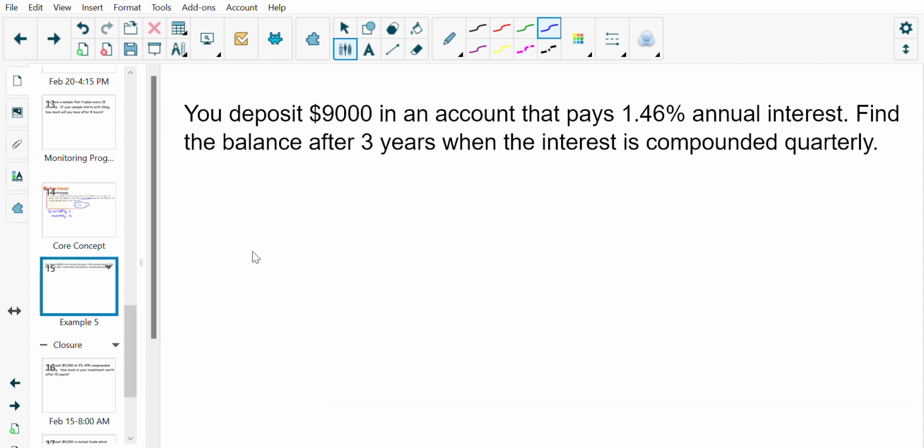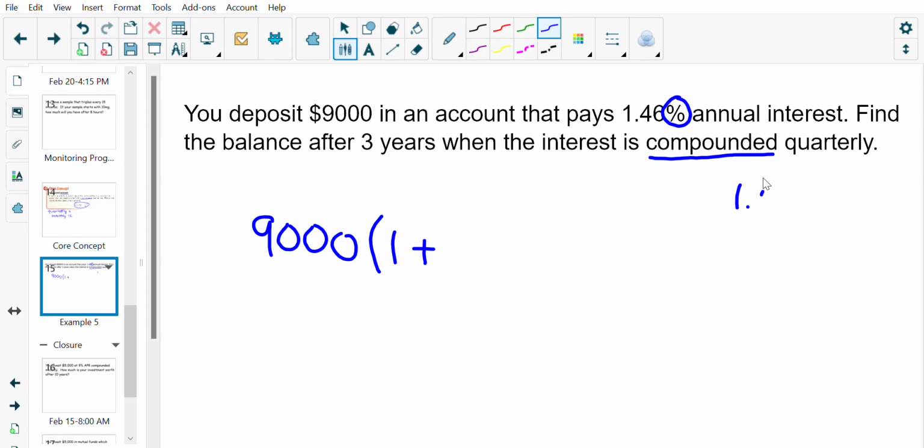So if we look at this problem, I'm depositing 9,000, so that's how much I start with. And it's paying 1.46%, so here's that percent. But the reason we don't use the very first formula that we talked about is because it says this word compounded. So now we have to use that new formula. So we have 1 plus my rate. If I take 1.46 and I move that decimal 2 spots, I'm at 0.0146.